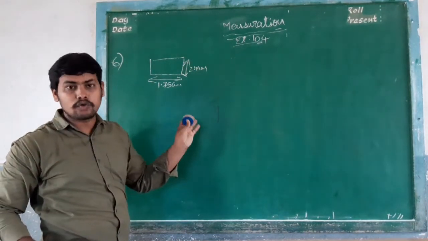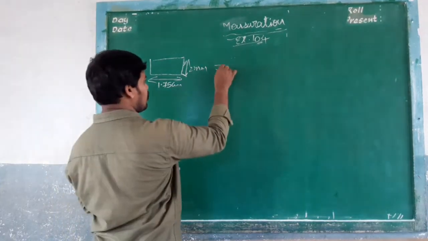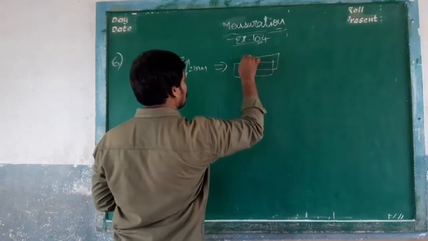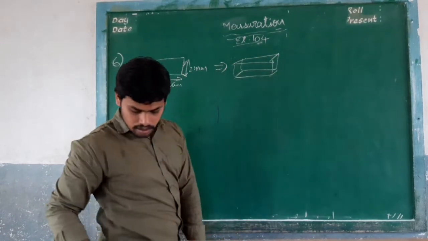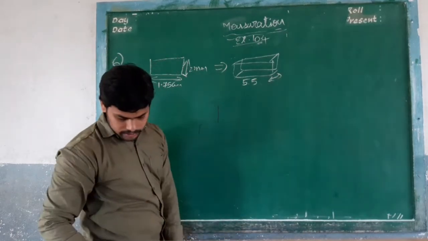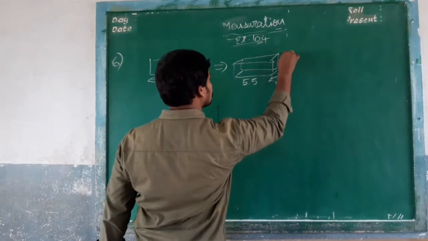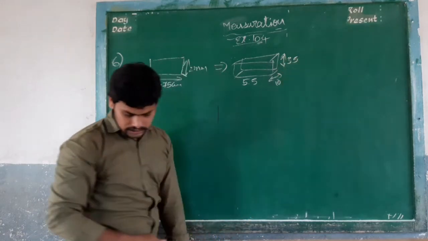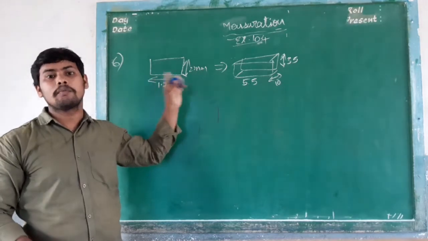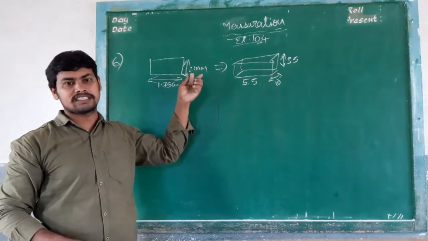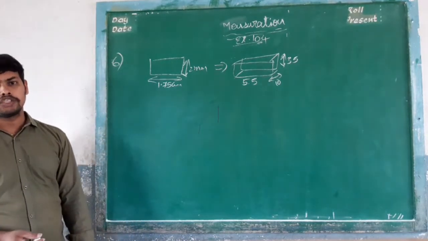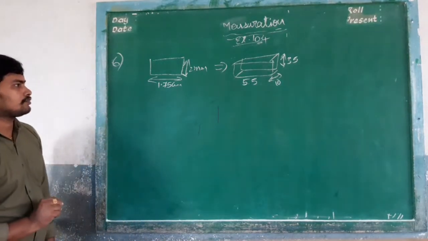It is to be melted to form a cuboid of dimensions 5.5 centimeters length and 10 centimeters, and it is 3.5 centimeters. All are in centimeters, but the thickness is in millimeters. So you have to convert millimeters into centimeters. 2 millimeters equals how many centimeters? 0.2 centimeters. Okay.